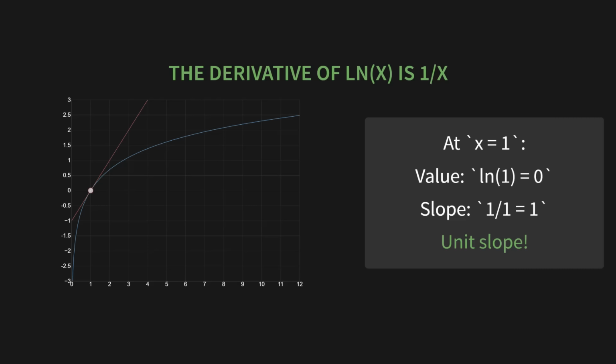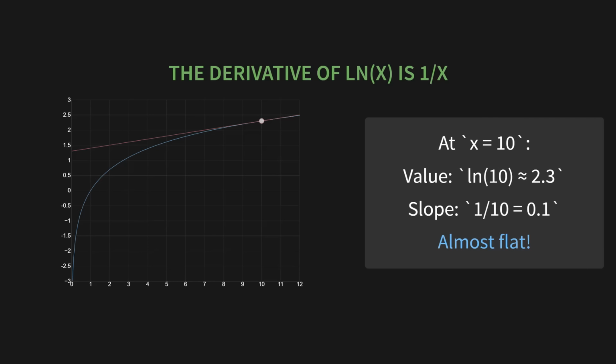The slope is 1 over 1, which is 1. A perfect unit slope. Let's go way out to x equals 10. The value, ln of 10, is about 2.3. But the slope is now 1 over 10, which is just 0.1. Almost flat. The 1 over x function perfectly describes the slope of the natural log.